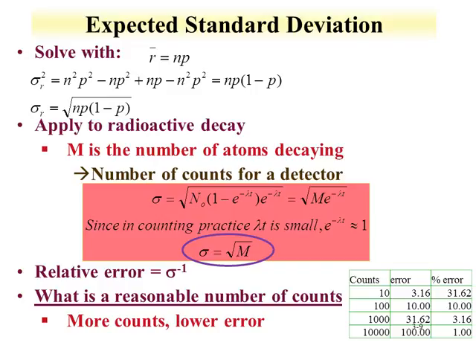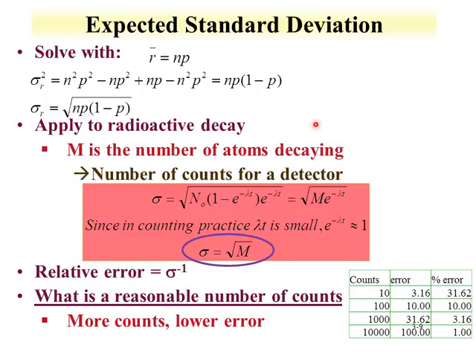And we solve this equation using this relationship: the average number of decays is equal to N times p. This equation is expanded. It's squared, so we take the square root, and it just turns out to be the square root of Np times (1 minus p).